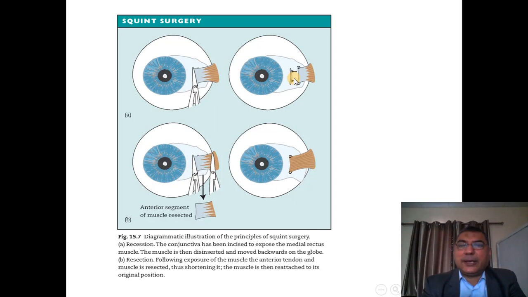The recession is a weakening procedure. The resection is a strengthening procedure. So we are going to reposition the eye in its proper position.